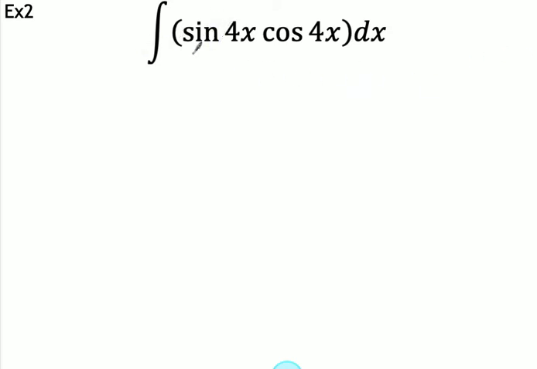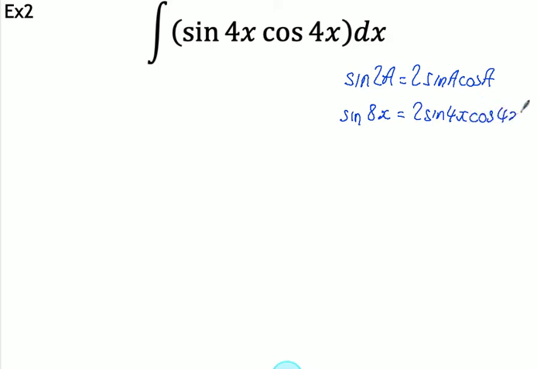Okay, sine 4x cos 4x. Now, this will take a little bit of experience on your part, recognizing that sine A cos A can be written in the form sine 2A is 2 sine A cos A. In this case A is 4x, so therefore I can write that sine 8x is this, and now I can rewrite my integral as sine 8x over 2, which I know how to integrate.